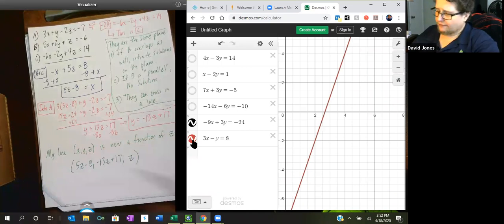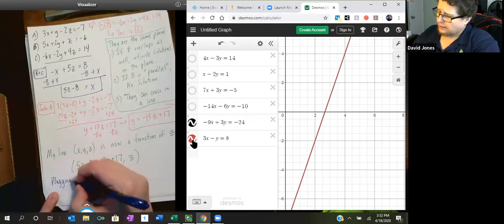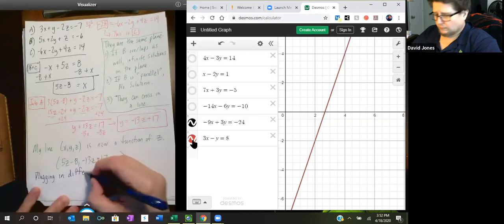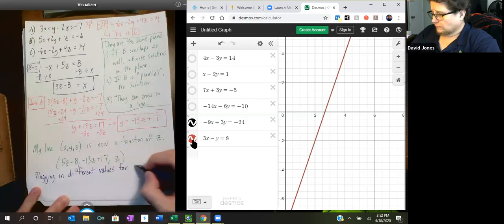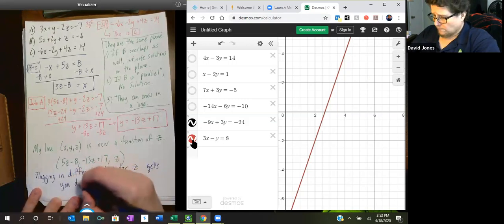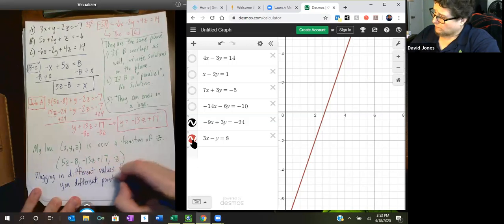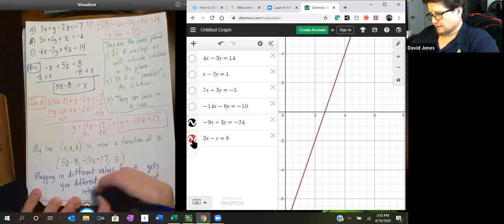So plugging in different values for z gets you different points on the line of intersection.